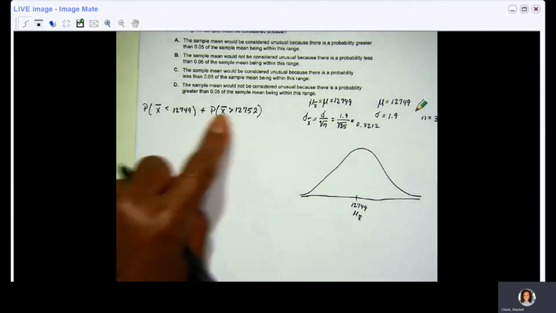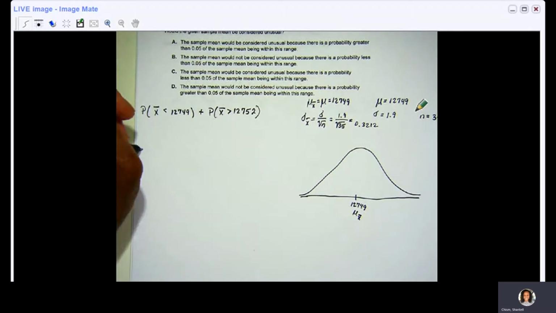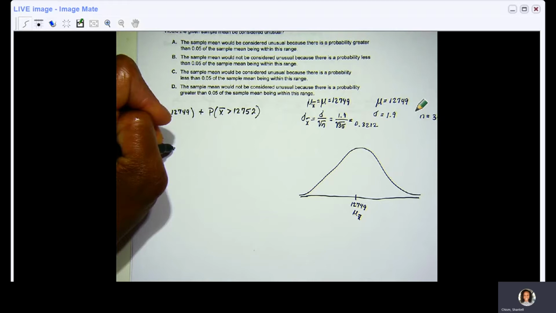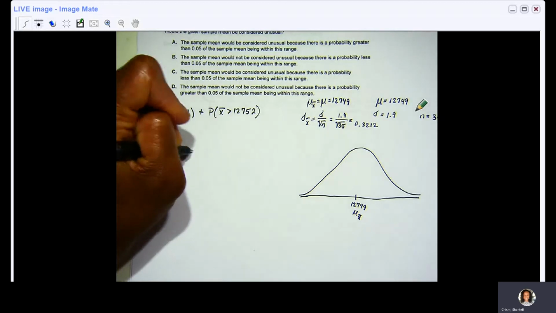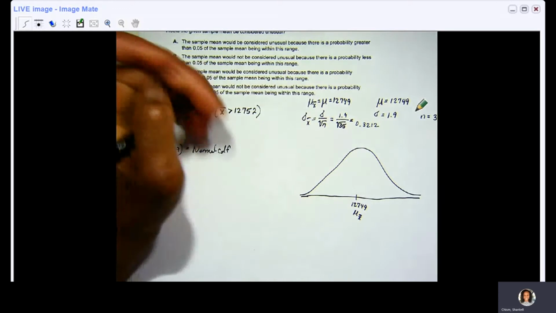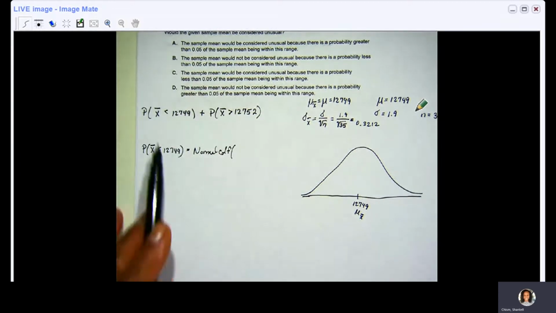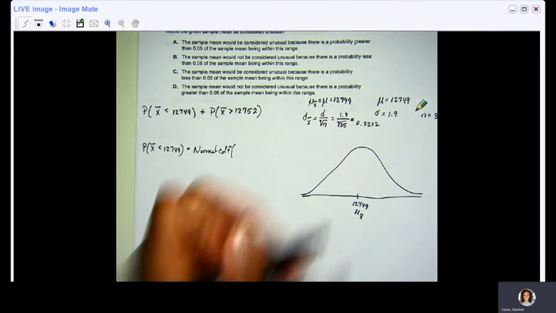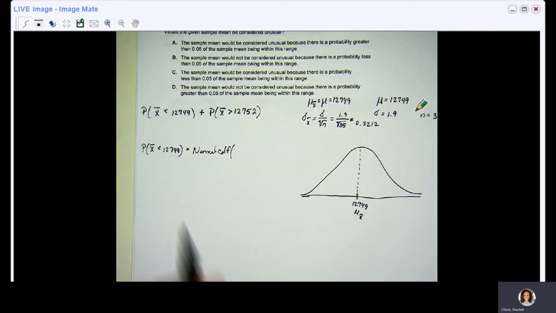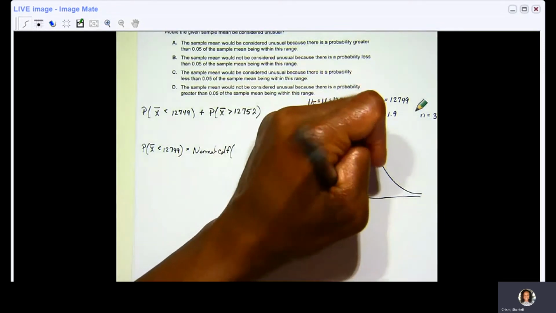All right. So I'm going to find each of these probabilities individually, and then I'll add them together. So this will be the first one. This will be normal CDF. I'm looking for the probability that x is less than 12,749. Well, 12,749 happens to be my mu sub x value too, and I want the probability that's less than that.